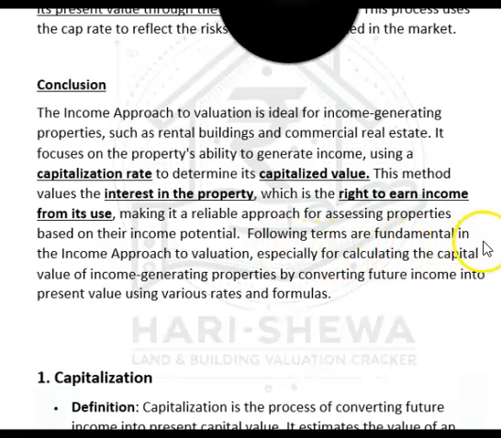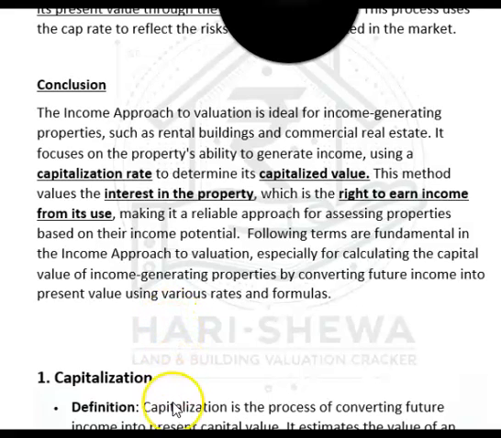The following terms are fundamental in the income approach to valuation, especially for calculating the capital value of income generating property by converting future income into present value. What we are doing in the income approach is converting future income into present value while using various rates and formulas. So first we have to learn different definitions.